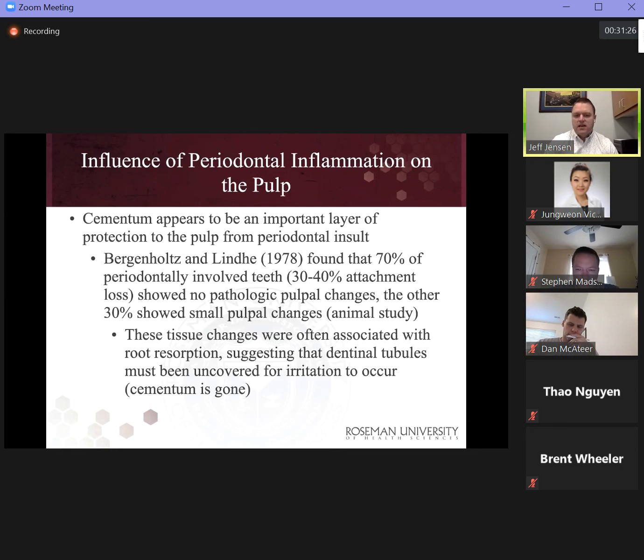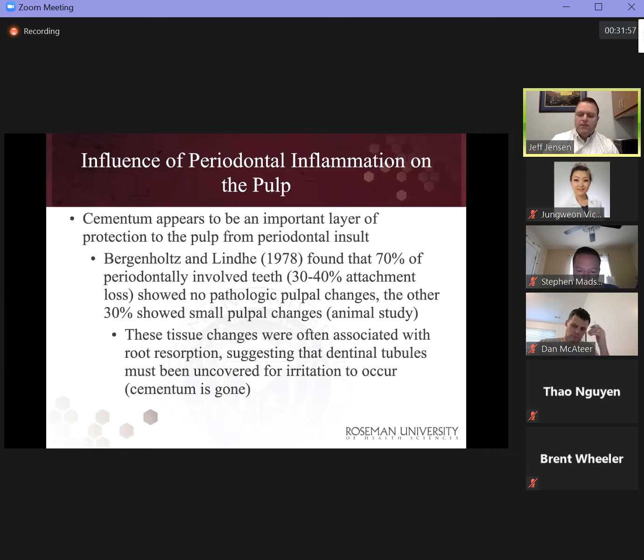So this is an animal study. I think it may have been beagles, but they induced periodontitis, extracted the teeth and looked at the pulp. About a little less than a third showed some small pulpal changes. Typically, those changes were associated with root resorption, meaning cementum was lost on the tooth, and therefore dentin and tubules were exposed, and that irritation could occur.